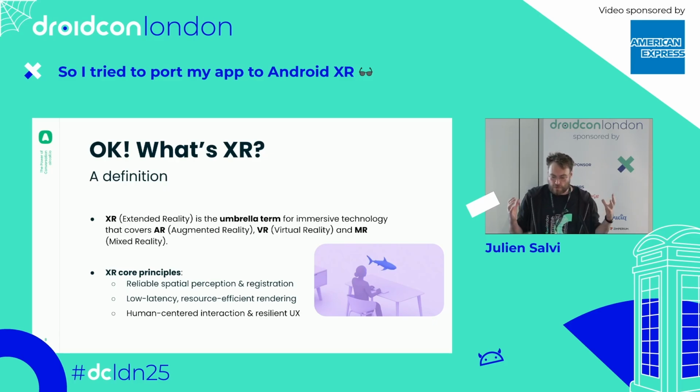We are aware of the world surrounding us, and the people using this XR technology are the centerpiece. We should also take into account low latency and resource efficiency for rendering. It consumes a lot of memory footprint to render 3D objects and complex UI.